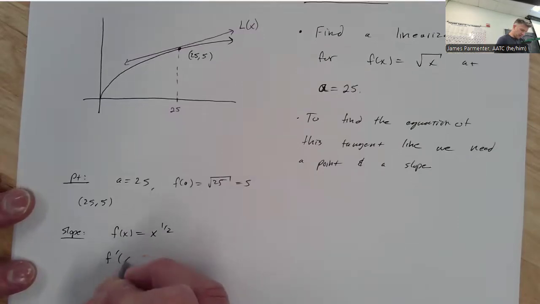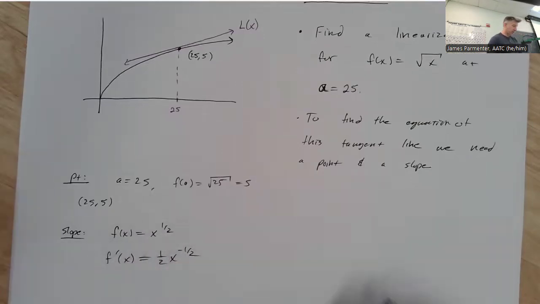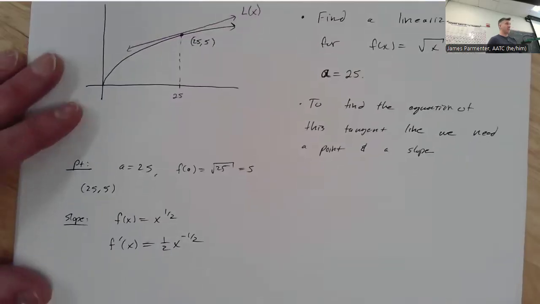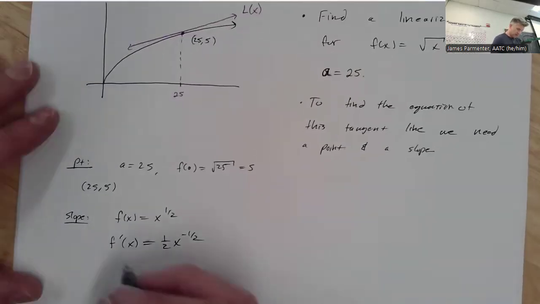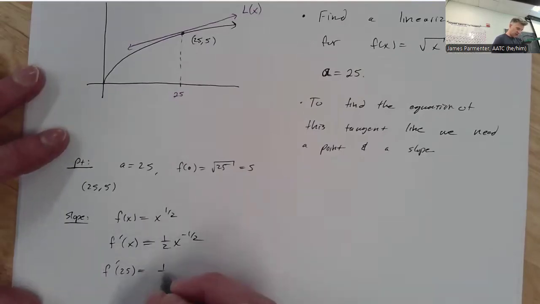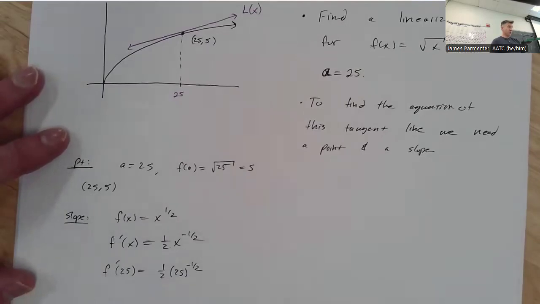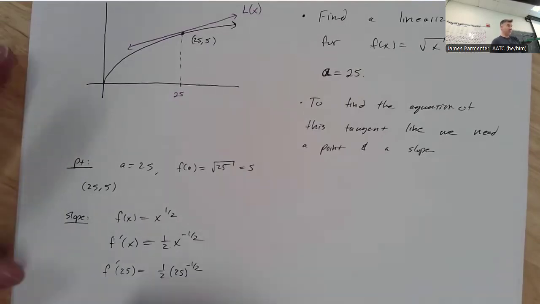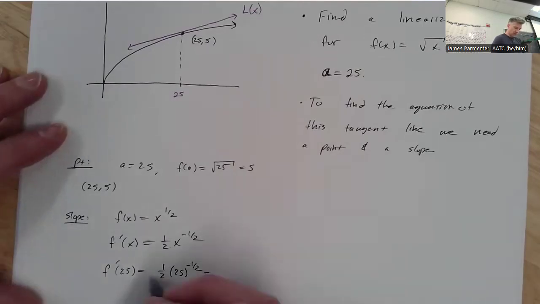Our derivative is 1/2 x to the negative 1/2, and then we plug in our point because we want to find the slope at that particular point. So f prime of 25 is equal to 1/2 times 25 to the negative 1/2, which is 1/10, right? Because 25 to the negative 1/2 is 1 over the square root of 25, which is 1 over 5. And 1/2 times 1/5 is 1/10.